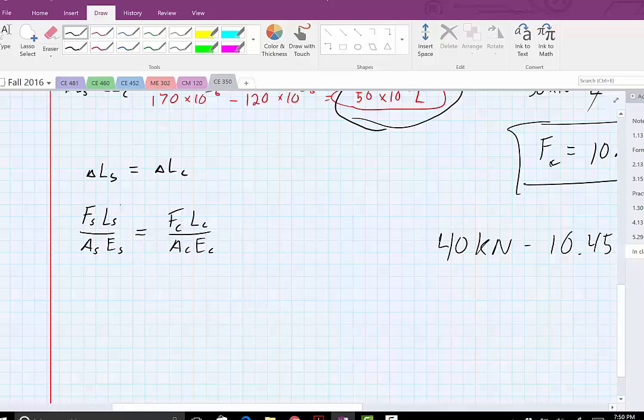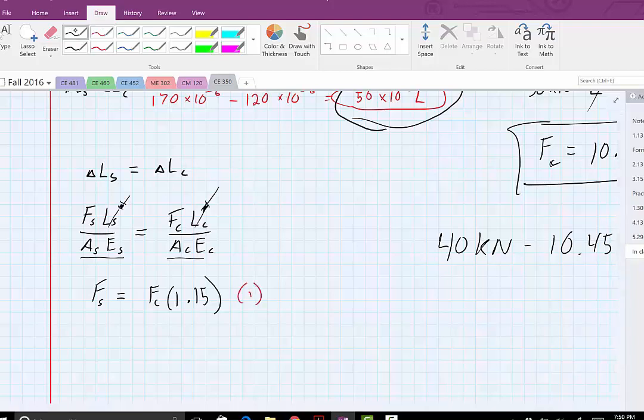Because these L's are the same, they cancel out. So we're left with the force of steel equals the force of copper multiplied by, if you plug in the values for the areas and the modulus of elasticity, 1.15.